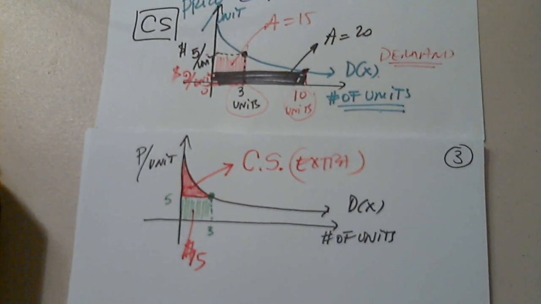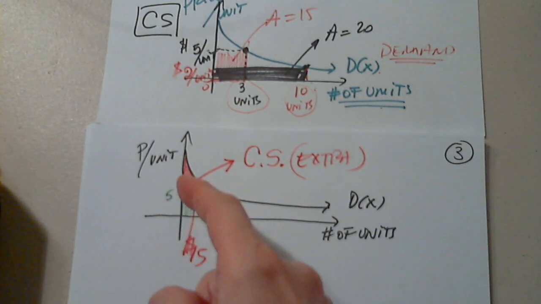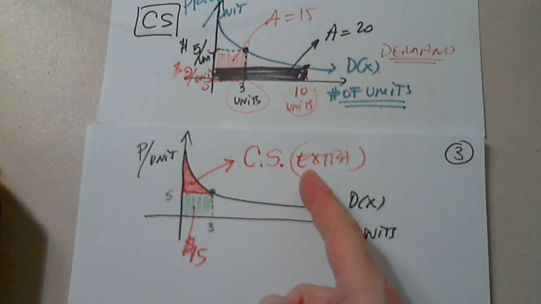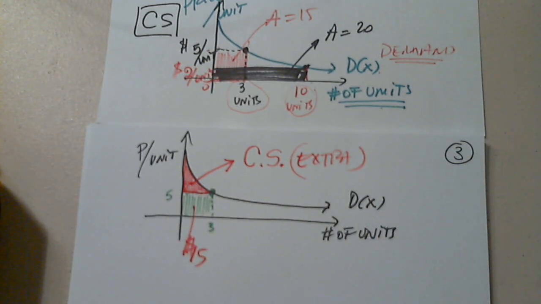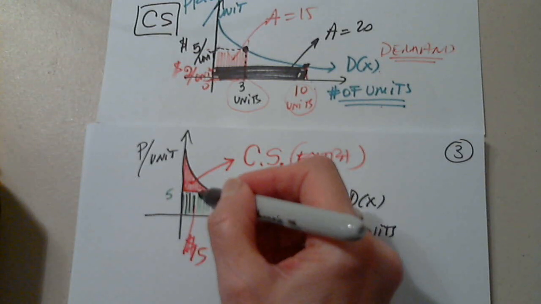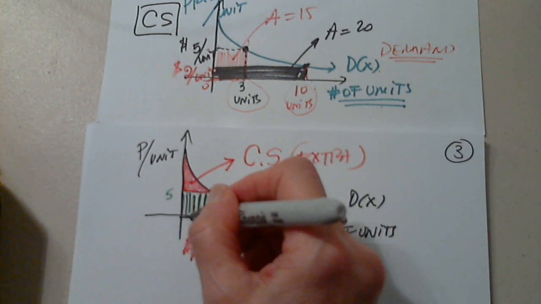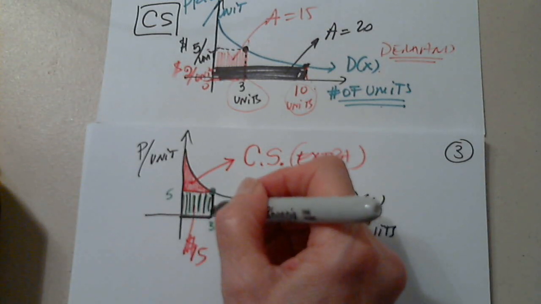What do you think I need to do in order to determine this, which is an area? But it's not a particular shape that I can determine. Here I know that the area is 15 because it's a rectangle. And I know that the area of the rectangle is base times height. Base is 3, height is 5.